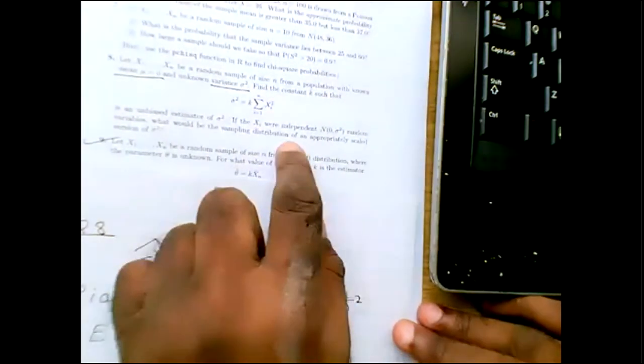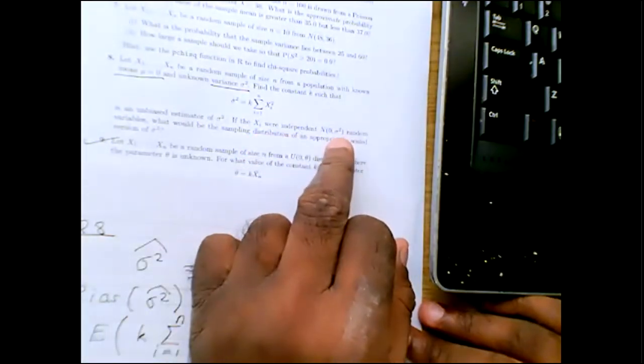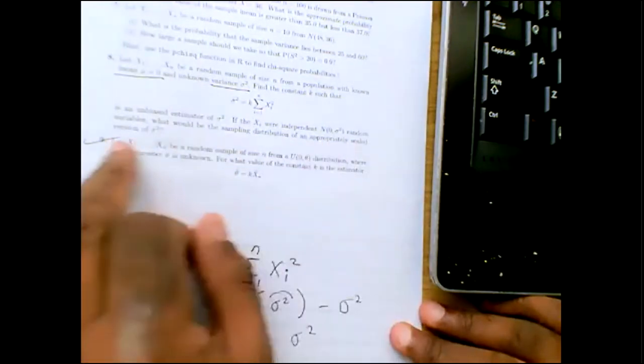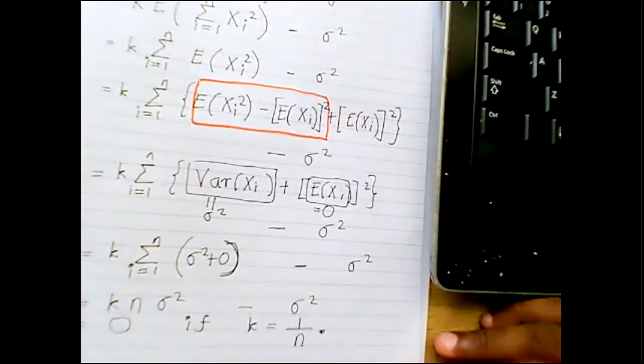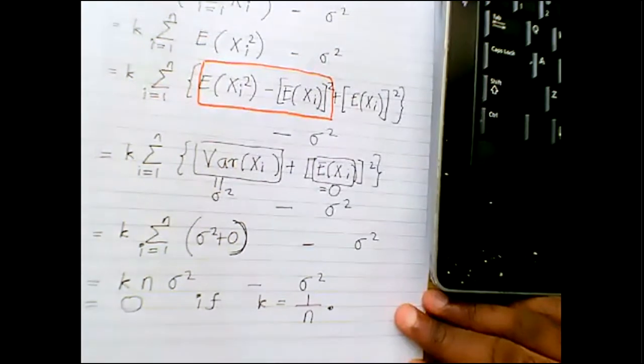The second part is, if xi are independent normal with 0 mean and variance sigma squared, what is the sampling distribution of the estimator? All right, so let me show you how to do part 2. We just determined that K is equal to 1 over n.